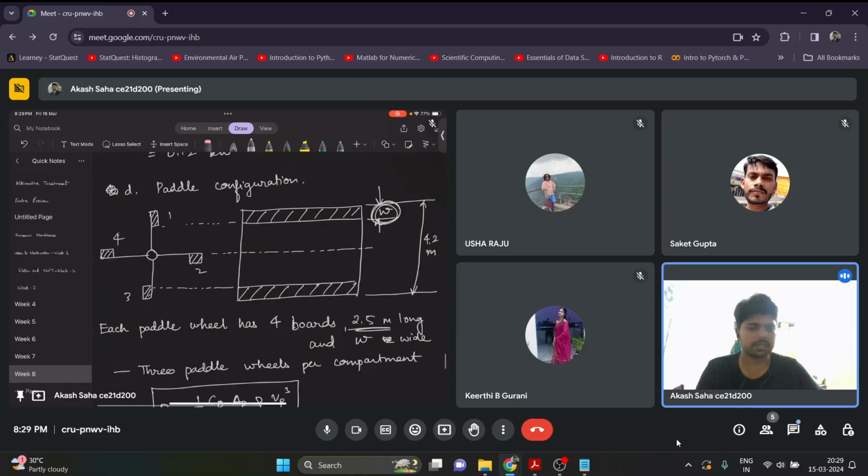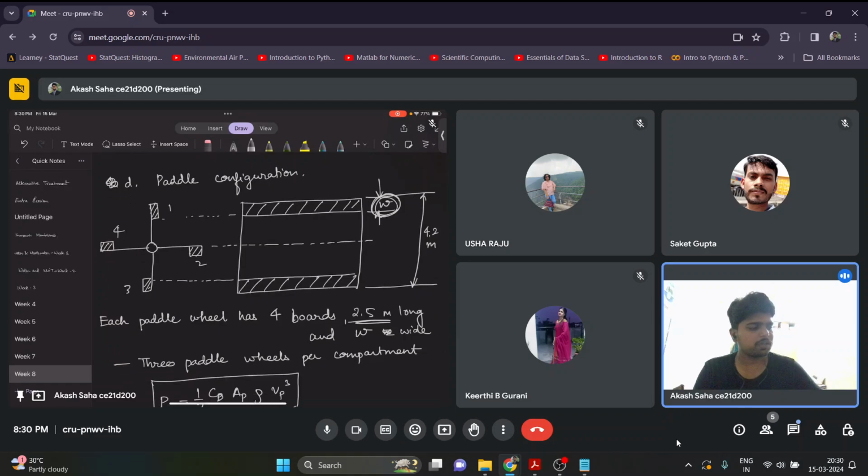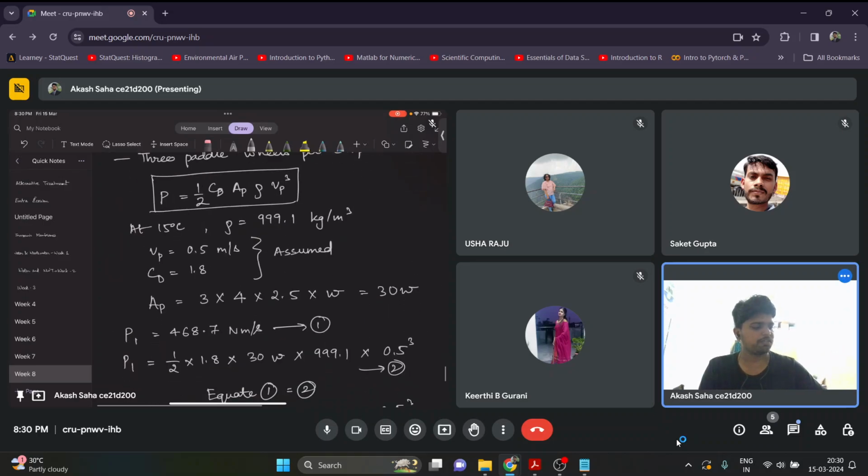Okay. So once we get the G value, we can find out the power requirement for each of the compartments. And then once we get the power requirement, we will come to the paddle configuration. So this is how a paddle looks, and there are four boards in each paddle wheel, and there are three paddle wheels per compartment. So like that, we will use this formula. CD and VP we have assumed, rho value we know for 15 degrees Celsius.